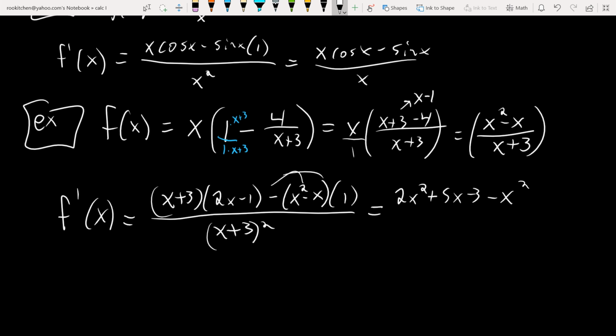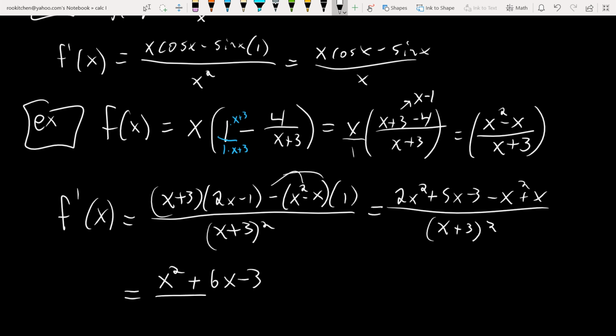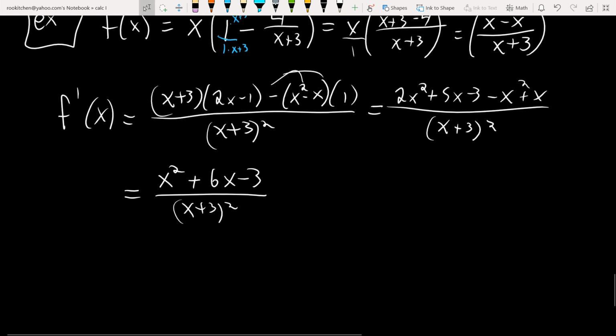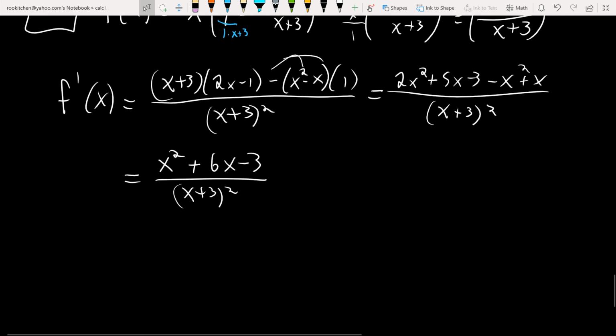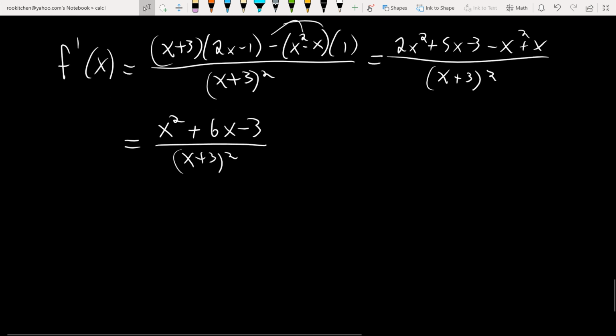So minus x squared plus x, all over x plus 3 squared. Combine like terms in the numerator. 2x squared minus x squared is x squared. I've got a 5x and an x, 6x, and then a minus 3, over x plus 3 squared. And then you're kind of stuck because you can't factor that numerator. As far as I can tell, you're not going to be able to factor into something that's x plus 3 times something, so you can make a cancellation. You're kind of just stuck.